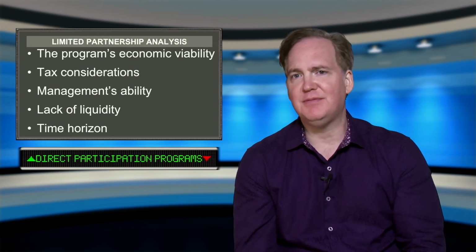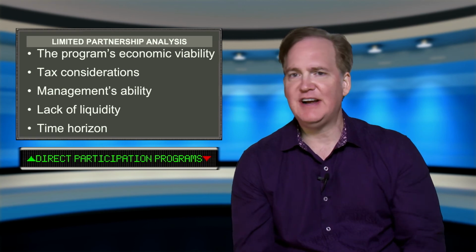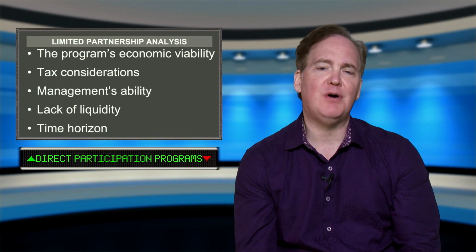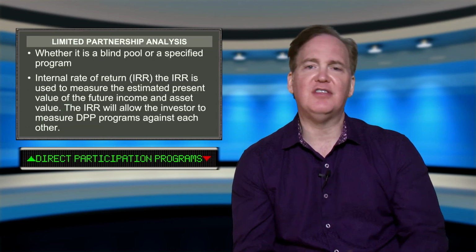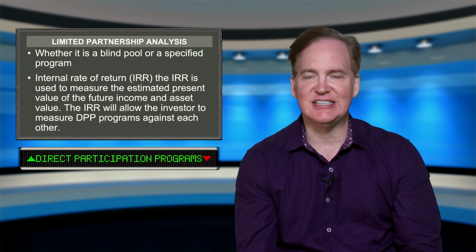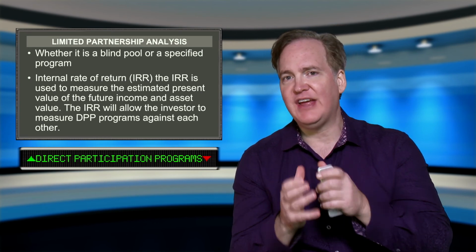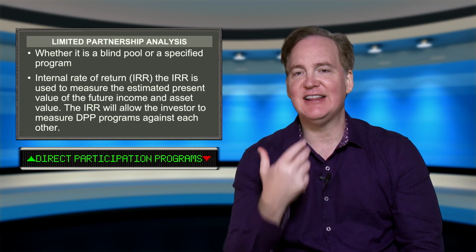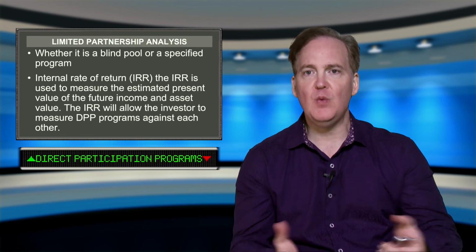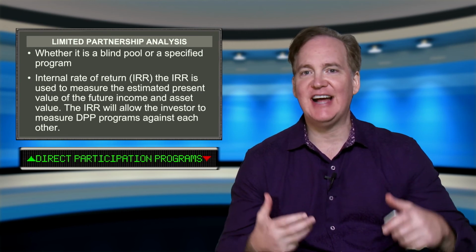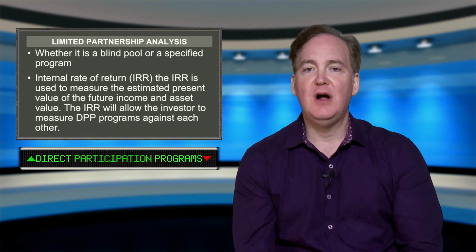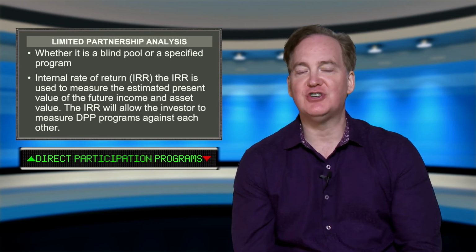So these are some of the features that the investor would want to review prior to investing in a limited partnership. Some of the other things that they would want to review is what type of partnership is this? Is it a program where they have identified the assets they are going to purchase, or is it a blind pool where 75% or more of the assets have not yet been identified? For example, we are going to operate residential commercial apartment buildings.